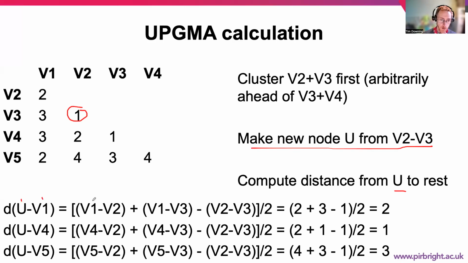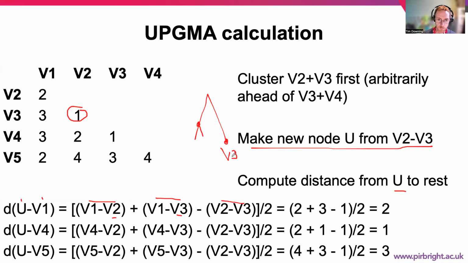And we compute that by comparing the distance between V1 versus V2 and V1 versus V3 that make up U, minus the distance between the samples within that node. And we divide that all by 2 because we were looking at 2 different lineages when we think about it. So we're looking at 2 different lineages and comparing really to this U ancestral node against this sample here, V3.